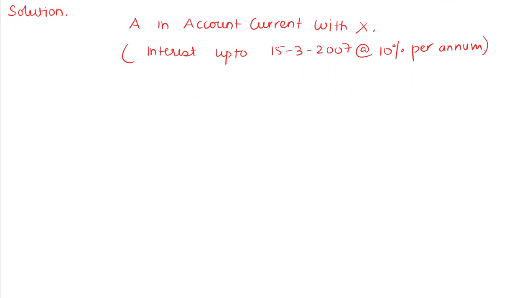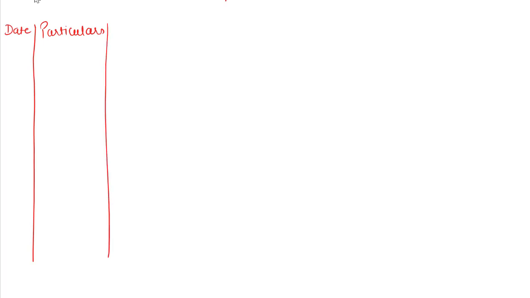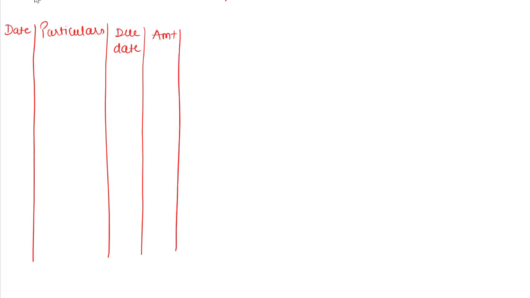Let us make the columns quickly: date, particulars, due date, amount, days, and product.